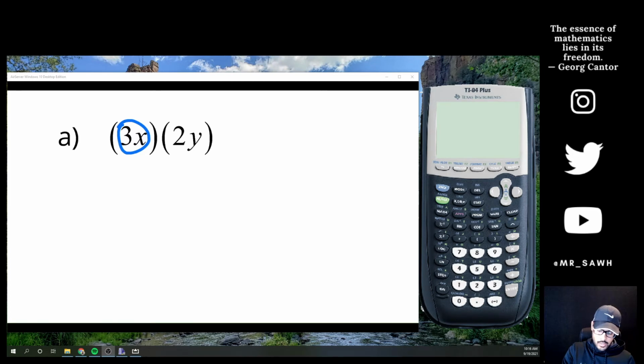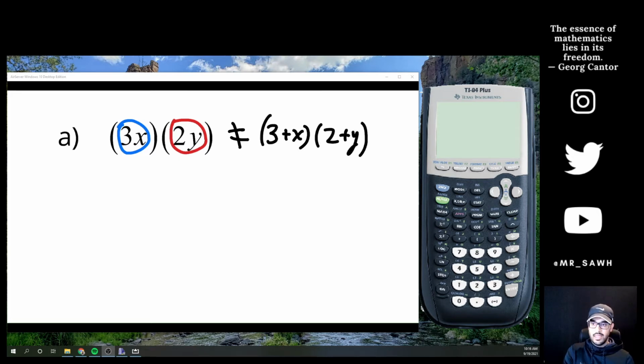There's no positive or negative sign in between the coefficient and the variable. So in other words, that is not the same thing as 3 plus x times 2 plus y. In that case, I would use the distributive property to do this. But with the example we actually have, those aren't the same thing, so I can't.